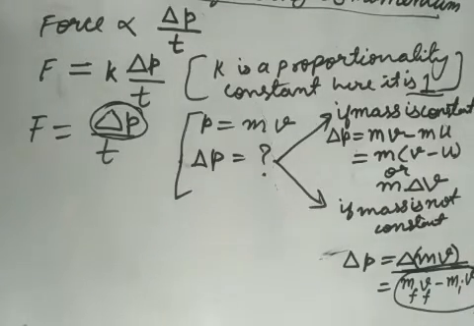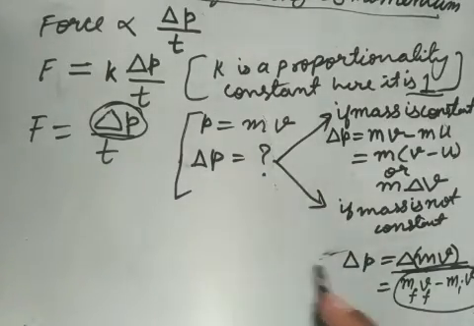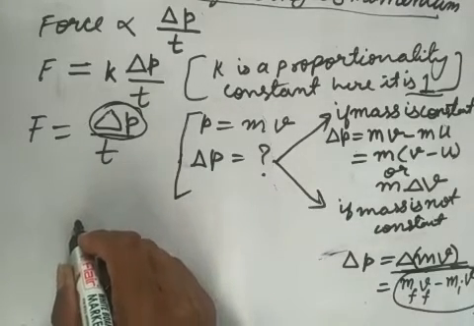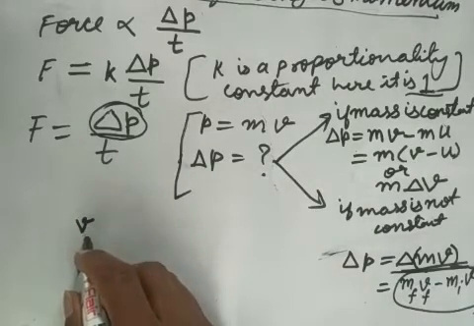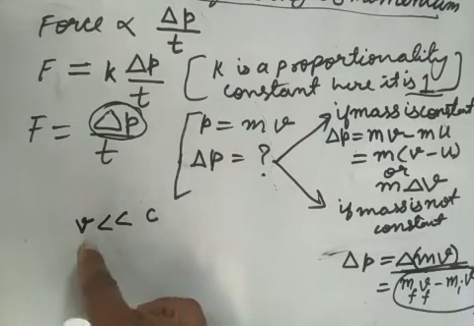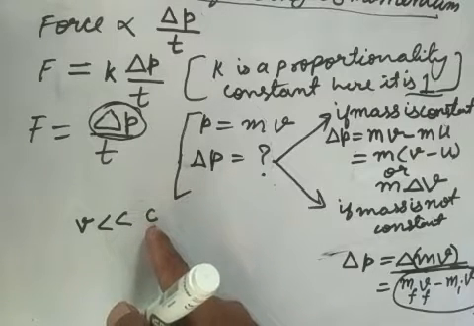Next thing, remember one thing: I will tell you when mass will not be constant. First thing, generally the velocity of objects is very much less than the speed of light. v is the velocity or speed of the object, and c is the speed of light.